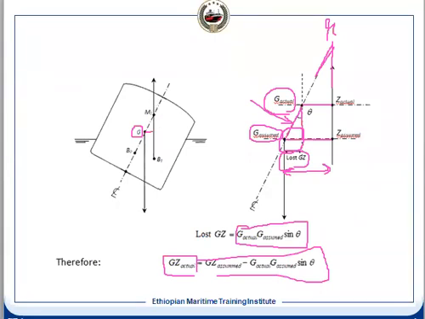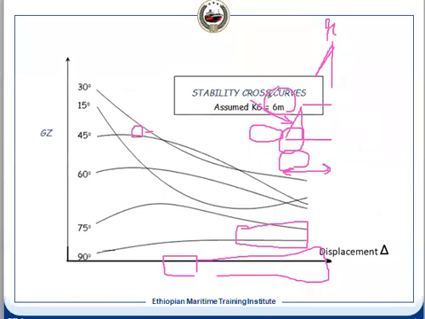So we have the curve. In this curve, suppose our displacement is this. At this displacement, we can find out what is the ZZ. Each angle of heel has a ZZ for an assumed KG. Here in this curve, the KG is assumed 6. But now the GM has shifted, it means point G has shifted, KG has shifted. Actually, it is not 6 meter.